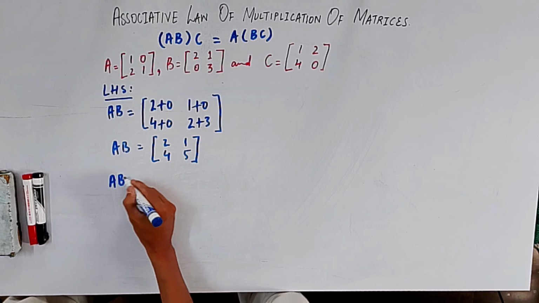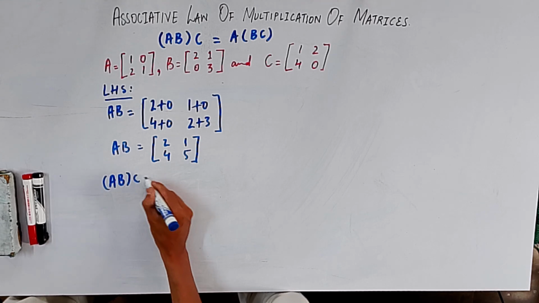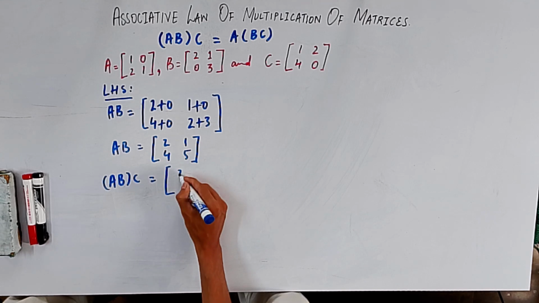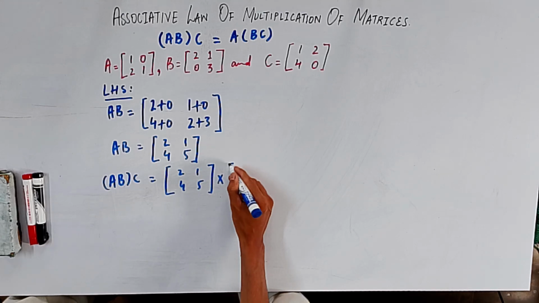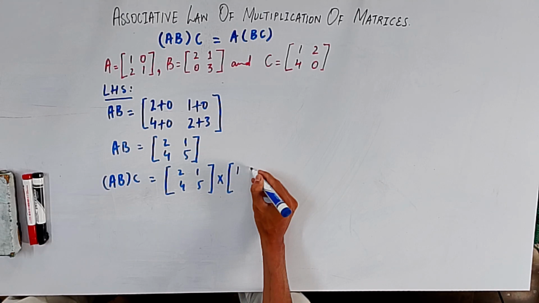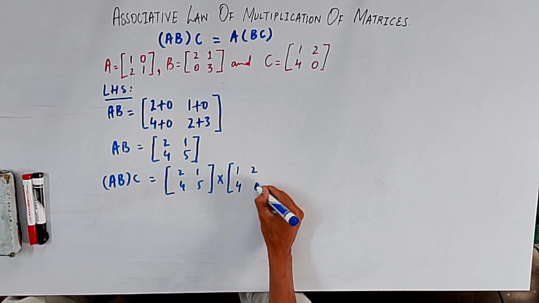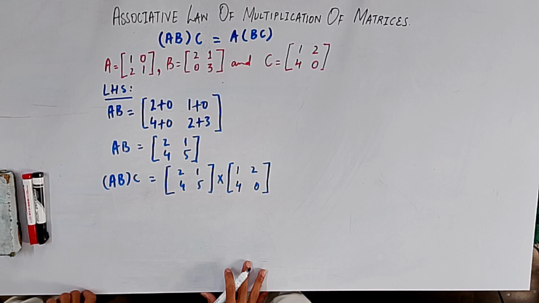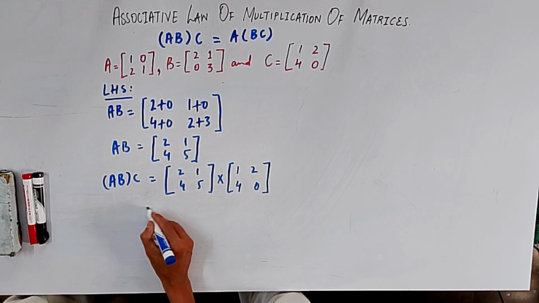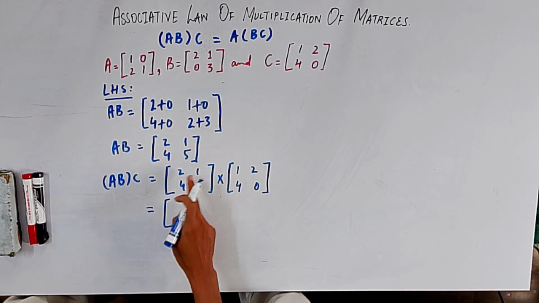Now you need to multiply this particular matrix with matrix C. So for AB multiplied by C, we need to multiply 2 1 4 5 with matrix C, which is 1 2 4 0. Now you will follow the same method obviously to do the multiplication, that row with column.